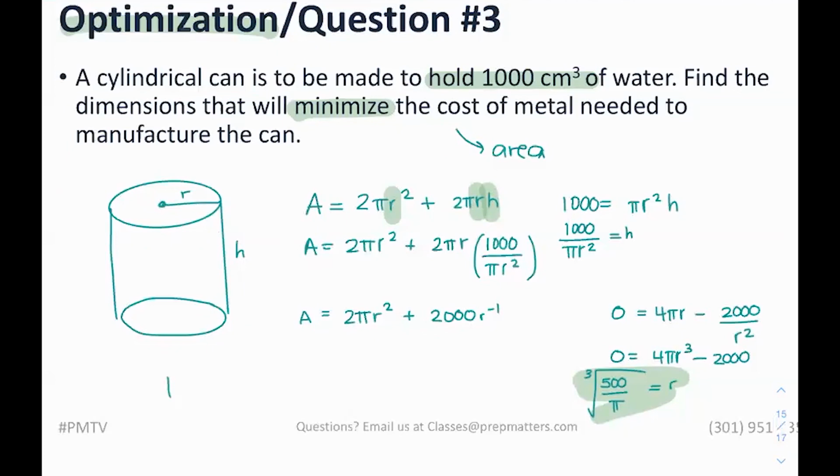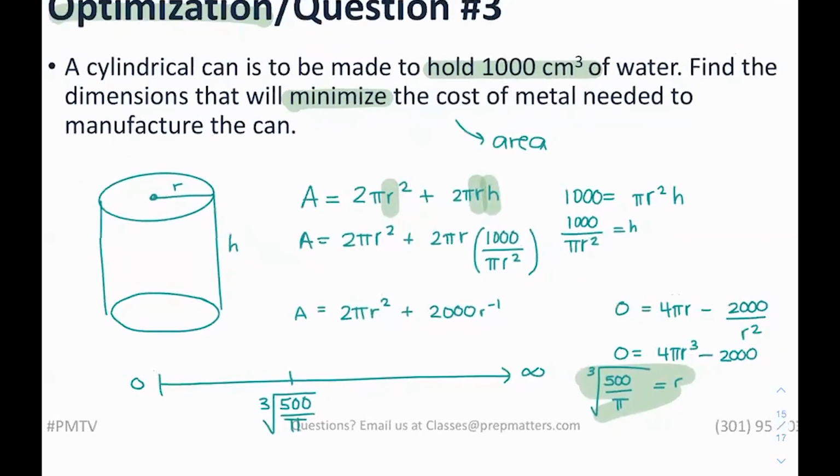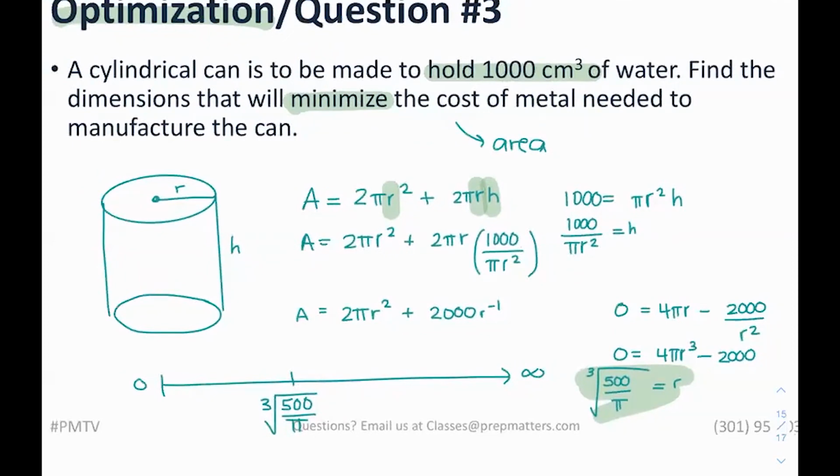So my area is going to go from 0 to, let's just say, infinity. And we have this point here, this nice messy number, which is probably some single digit number. Again, you'll have a calculator.